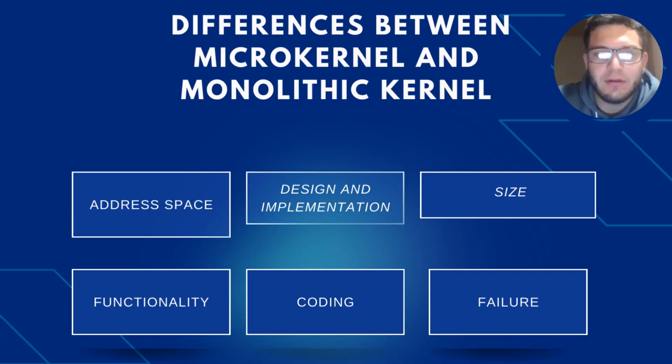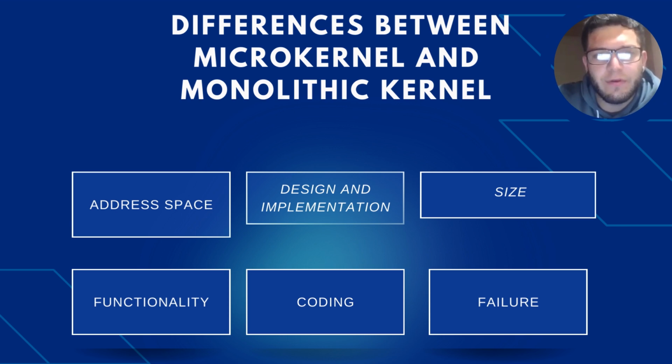Now I'm going to talk about some differences between the microkernel and the monolithic kernel. First, we have the address space. In microkernel, user services and kernel services are kept in separate address spaces. Instead, in monolithic kernel, both services are kept in the same address space.